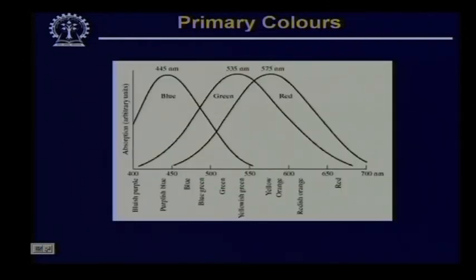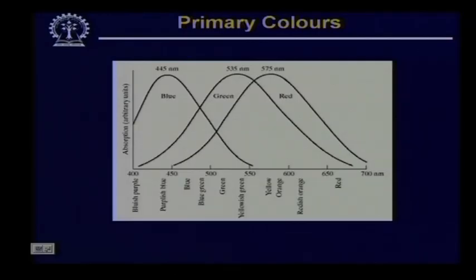And out of this, we normally take three color components, that is red, green and blue as the primary color components, because we have mentioned that in our eye there are three types of cells, cone cells, which are responsible for color sensation. There are some cone cells which sense the light in the red wavelength.